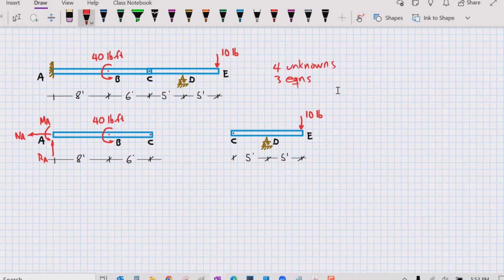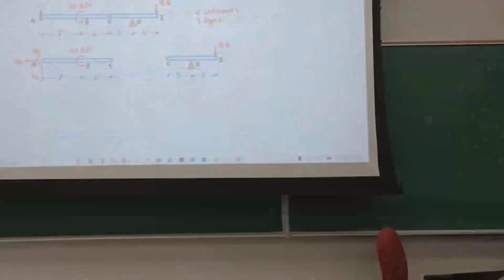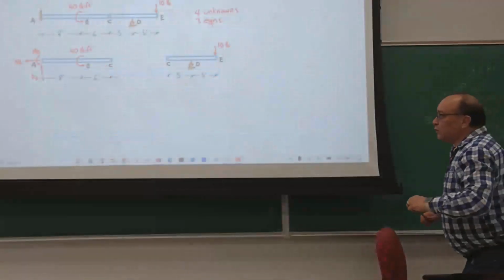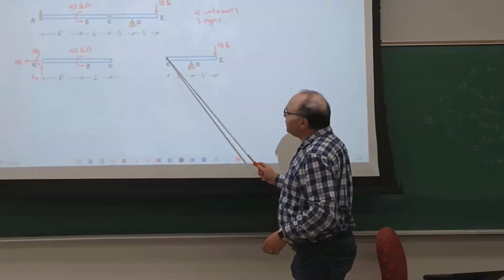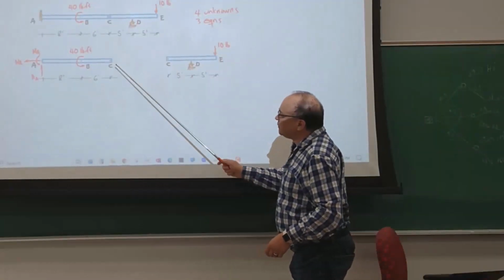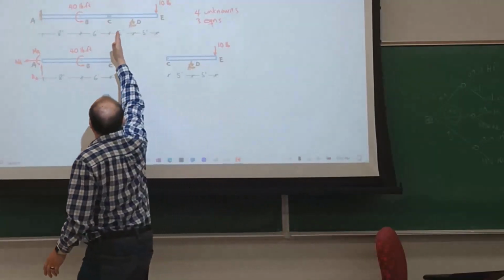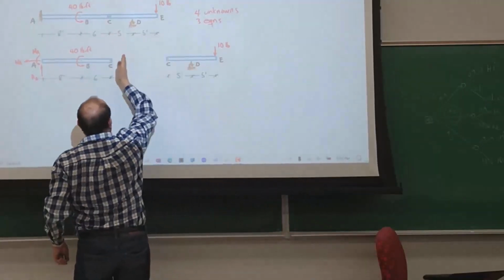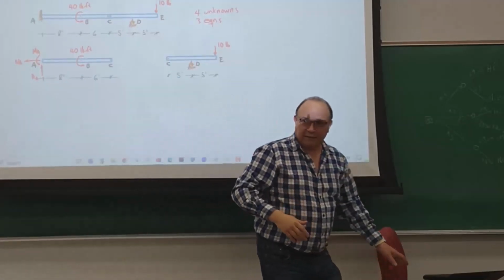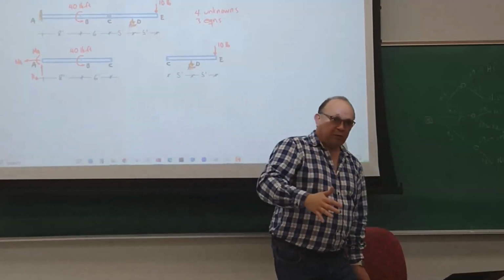But just to leave it complete, what forces do I have to put in here? This is like making a cut here and separating the two. So what forces do you get when you make a cut? Shear, moment, and axial load.